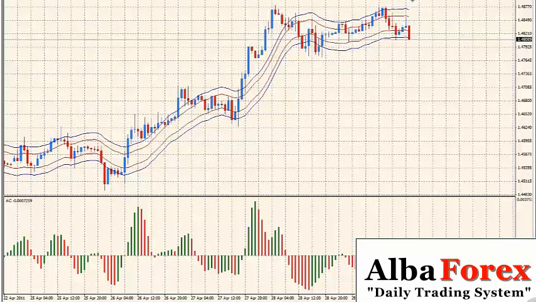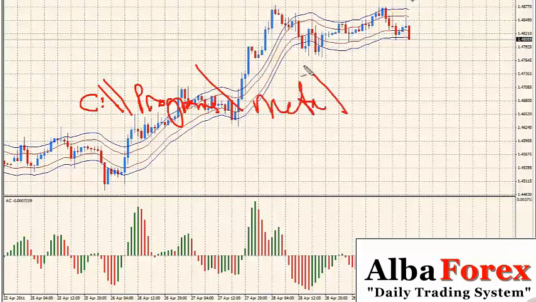Once you've applied the template, and if you don't know how to apply the template to your chart, all you would need to do is go to the programs folder on your PC where you installed it, then go to the MetaTrader folder, and inside there you'll see the templates folder.